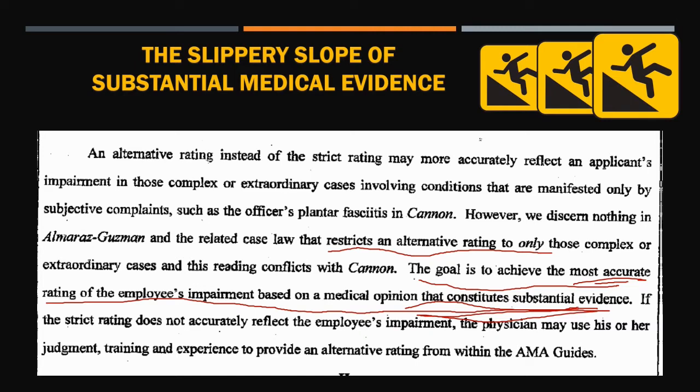If the strict rating does not accurately reflect the employee's impairment, the physician may use his or her judgment, training, and experience to provide an alternative rating from within the four corners of the AMA guides. So let's see how the medical evaluator in this case formulated his alternative impairment rating.